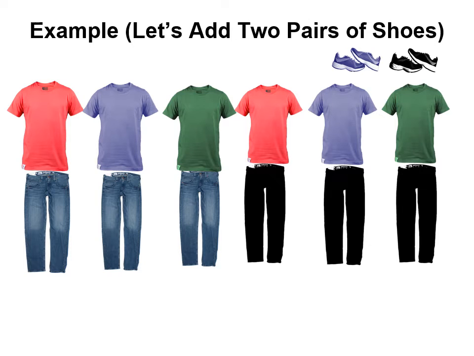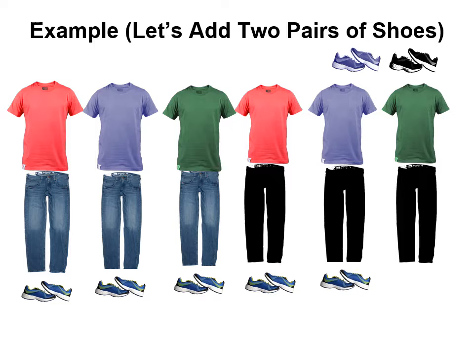Let's add 2 pairs of shoes. So we have 3 shirts, 2 pairs of jeans, and now 2 pairs of shoes. We saw the first 6 possible outfits, so we're going to combine 1 pair of shoes with the first 6 outfits. So that's 6 combinations.